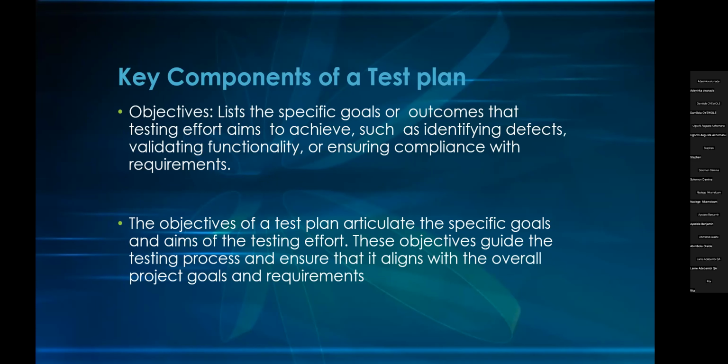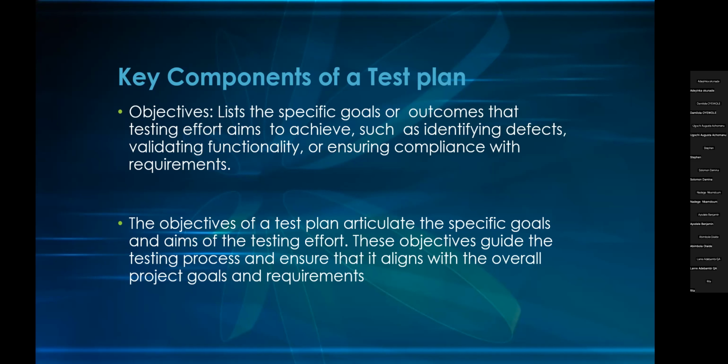Secondly, you should be verifying compliance, confirming adherence to specifications and standards, ensuring that the system meets the requirements. Another key objective is assessing quality, identifying and resolving defects to improve overall product quality.